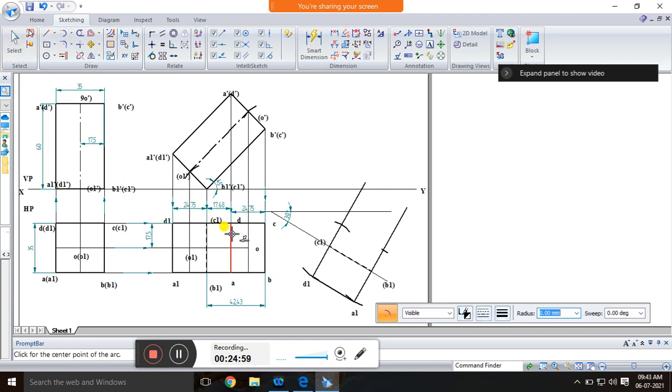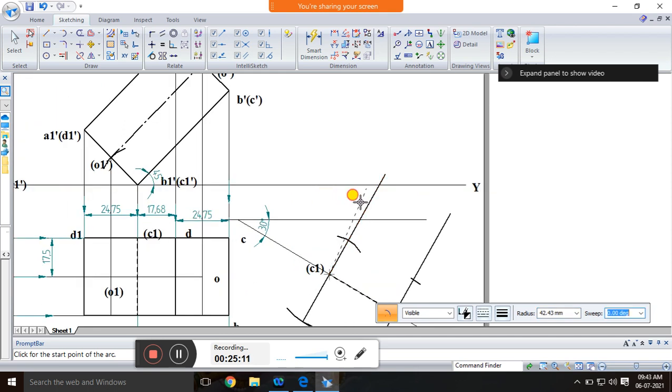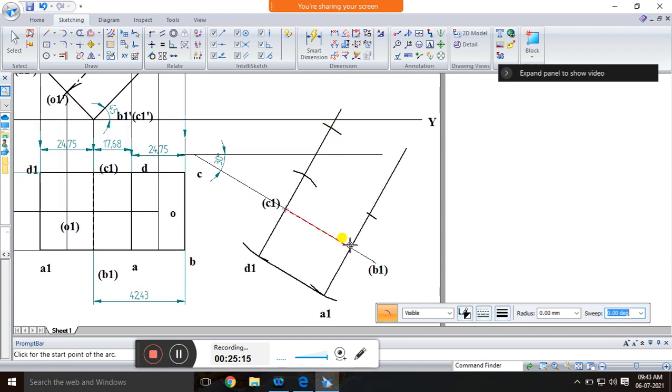Either you can cut the arc from D to C or from C1 to C. Anyone is correct. 42.43 is the distance. So like that you have to cut the arc. Place it here and stretch up to C, or place it on B1 and stretch up to B, and that distance, if you measure with the scale, is 42.43. So cut the arc.